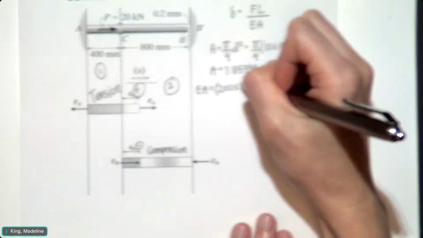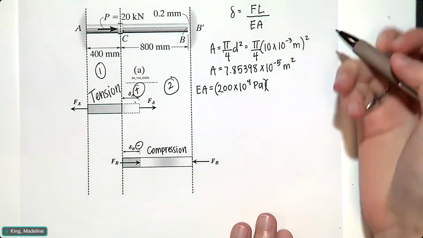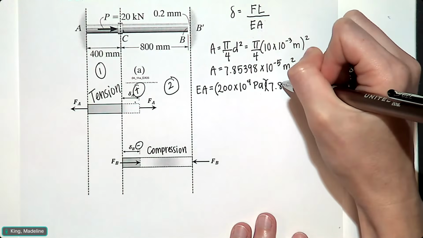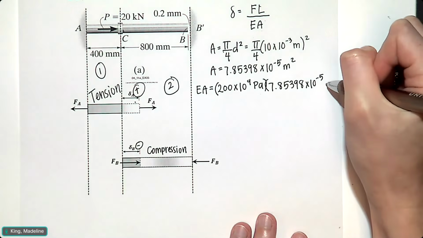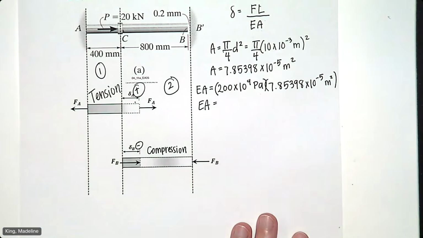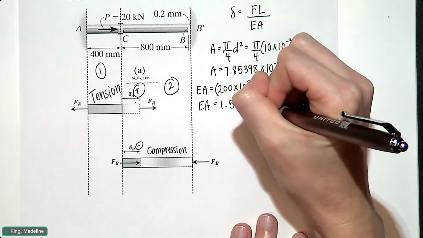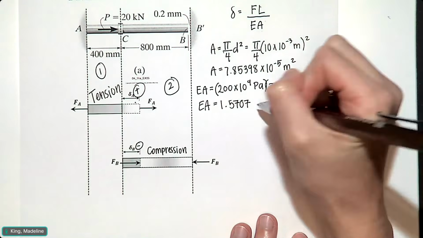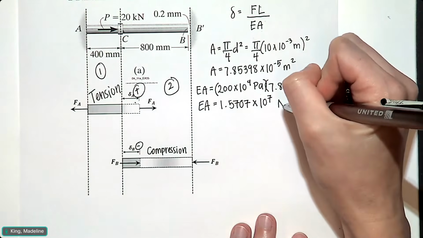So 200 times 10 to the 9th pascals times the area that we got, 7.85398 times 10 to the negative 5, which is 1.5707 times 10 to the 7th newtons.